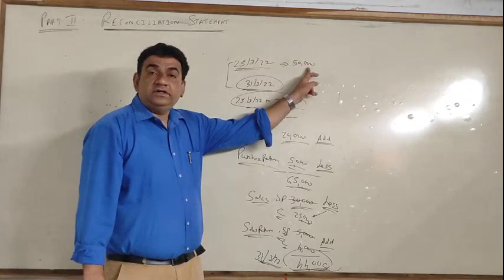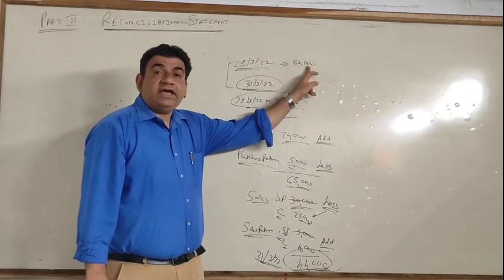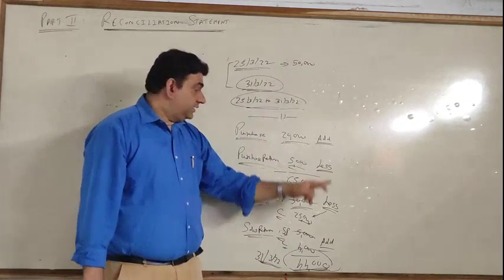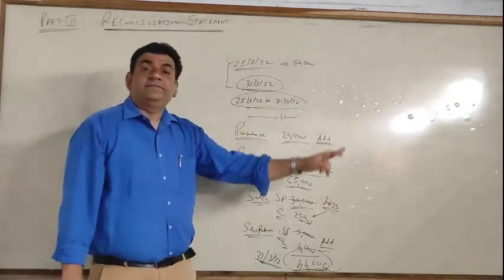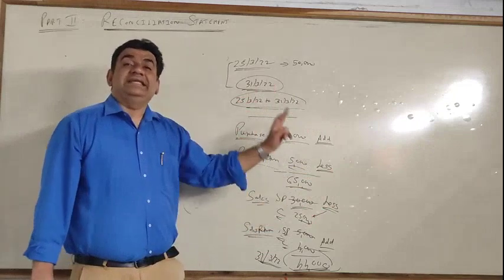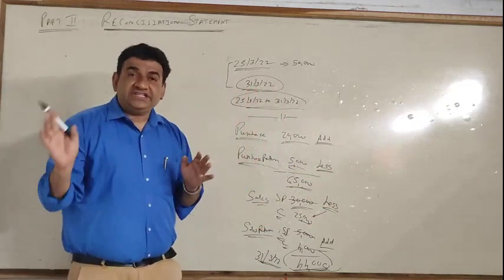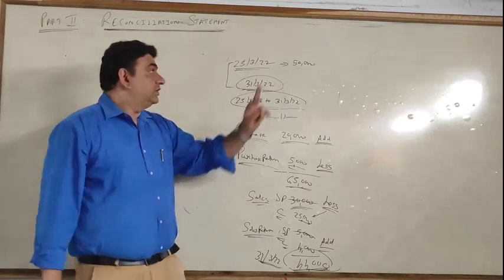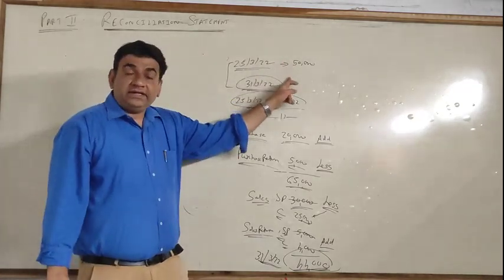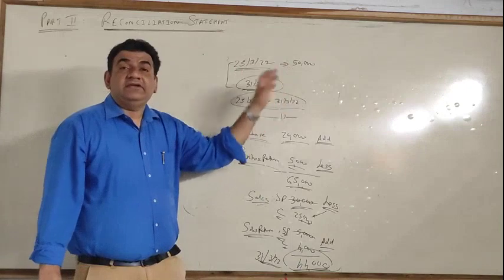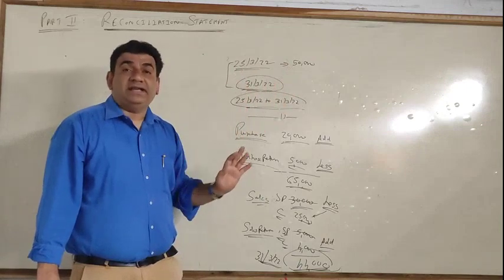How did I arrive at a figure of 44 from 50 after adjusting this? This is called reconciliation. Reconciliation means adjusting the value of stock on the day when you took it till the day when you are going to prepare the balance sheet.